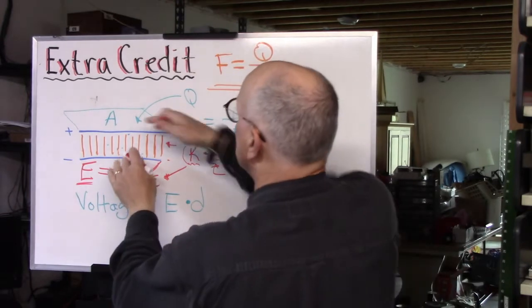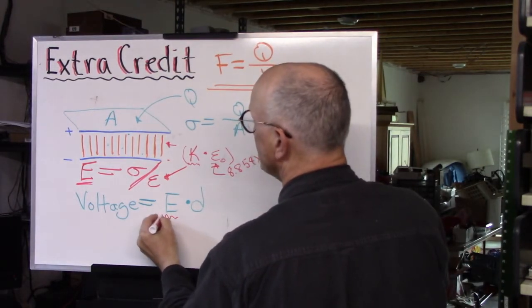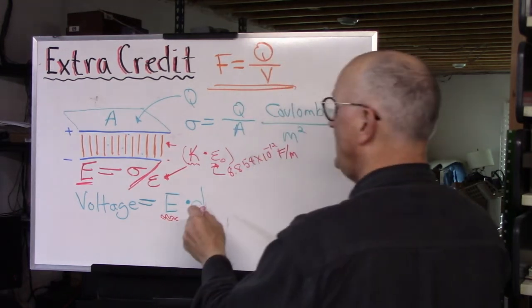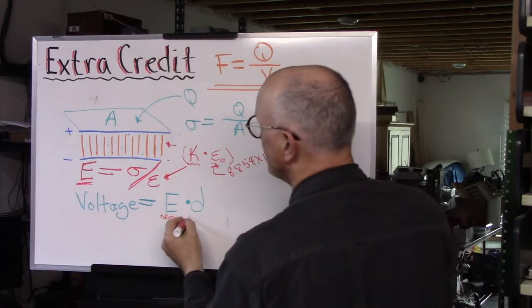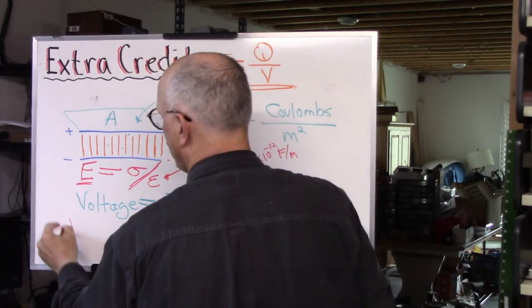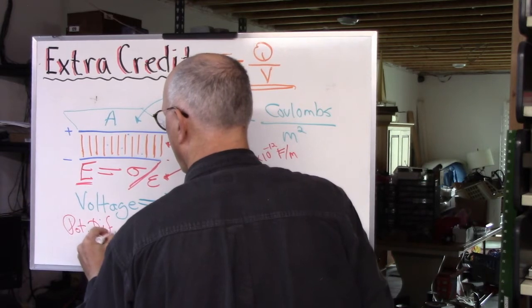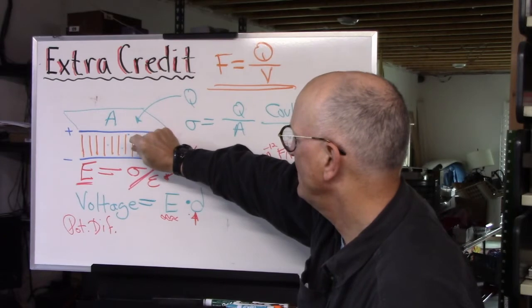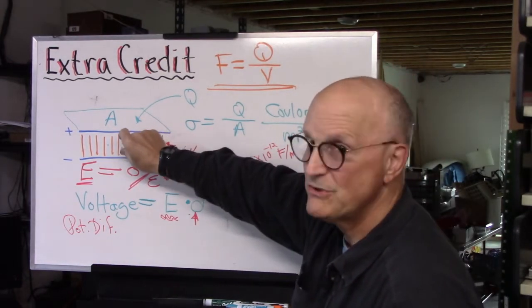So, changing the distance between the plates does not change this. However, changing the distance between the plates does change the potential difference as we measure it in voltage. So if the distance between the plates goes down, the potential difference between the plates goes down.